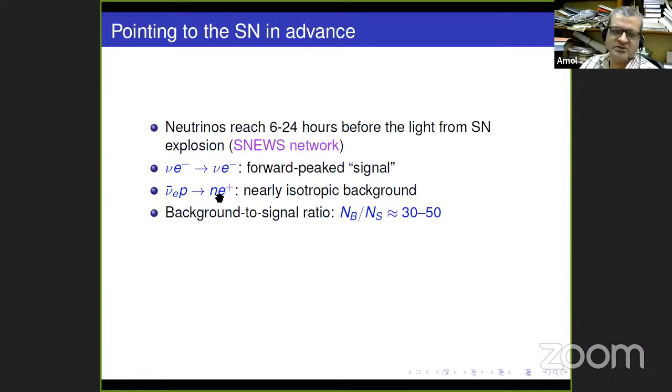They can go in any direction that you want. This is therefore called background, which is almost isotropic. And the number of events of this type is of the order of 10,000. So you imagine that there are 10,000 events which are almost isotropic, in all directions, and on top of these 10,000 events, there are some 200 odd events of this forward peak type, which tells you where the star was. So the background is about 30 to 50 times higher than the signal.